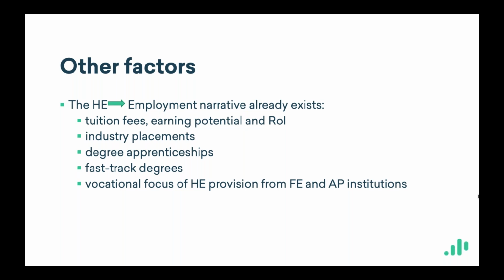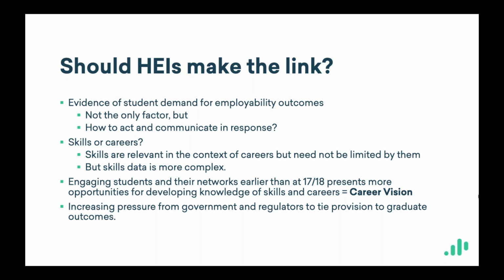If they're arts graduates or arts students or something like that, it may be quite different. But there is that background noise that's going on, that debate that is widening over what happens after study. So this is all happening anyway. We can't get away from it. So what should we do? I mean, should we make the link as a higher education institution?